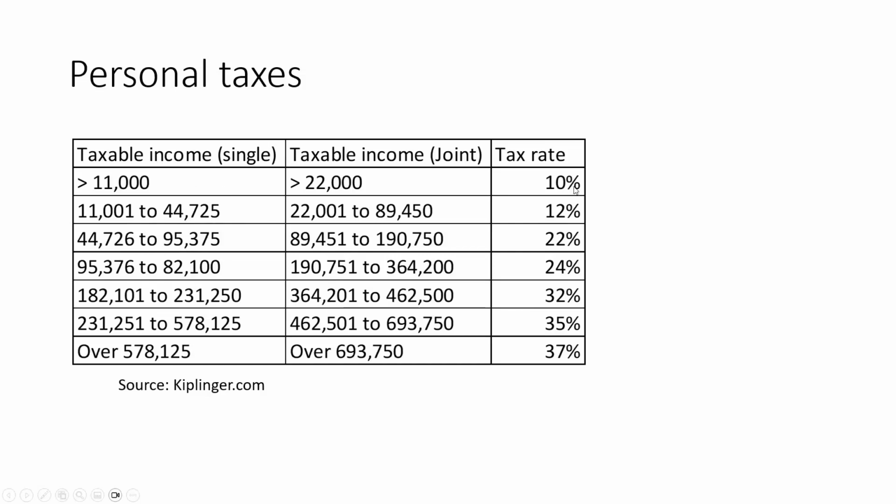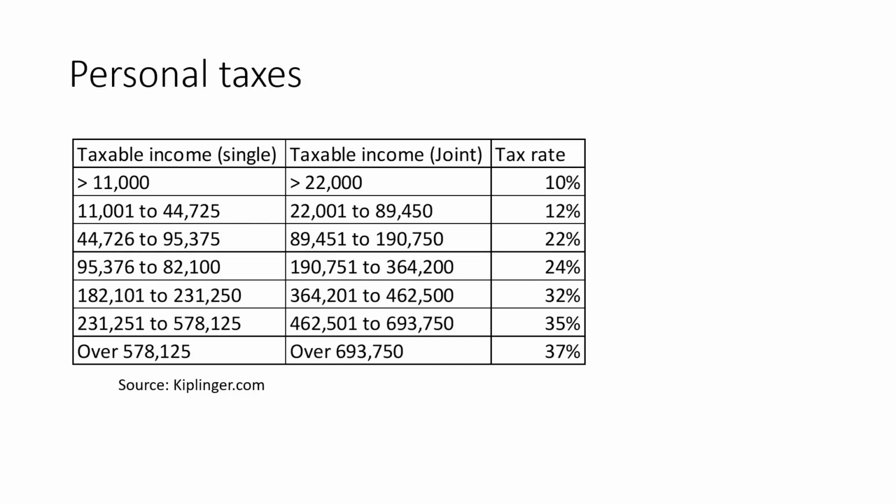Next, in the case of personal taxes, the tax rate is divided into different slabs. Let's just focus on a single person filing a tax. If their income is 11,000 or less, they don't pay a tax. If their income is more than 11,000, they'll pay 10% on every dollar earned over and above the 11,000.